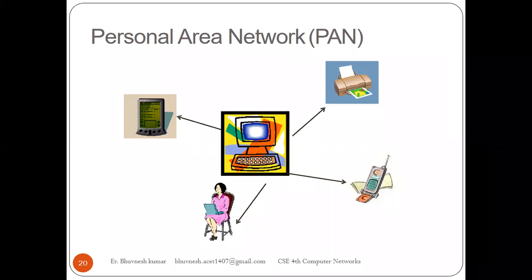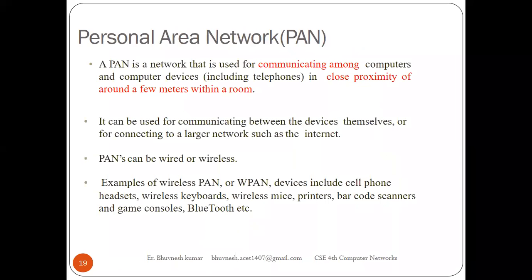Here, regarding the distance, you may have confusion. The second point is that it can be used for communicating between the devices themselves or for connecting to a larger network such as the internet. A device that is connected with the internet, we can also connect with that device, and that also comes under your personal area network.